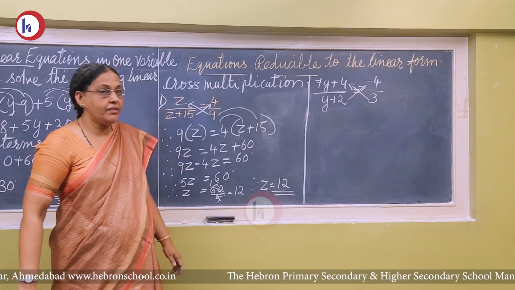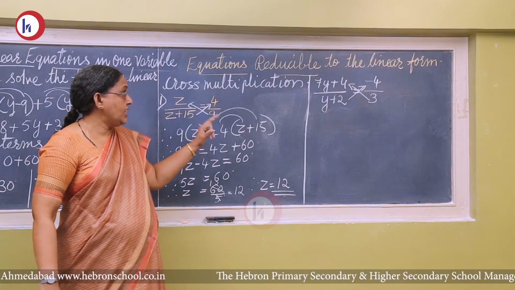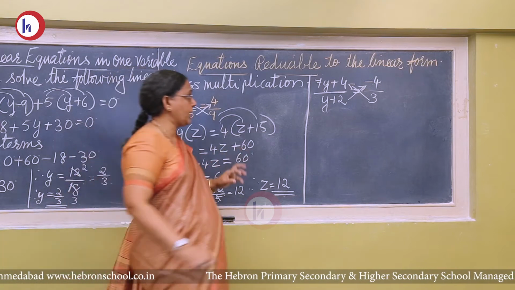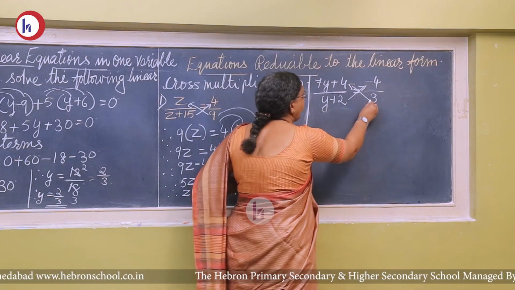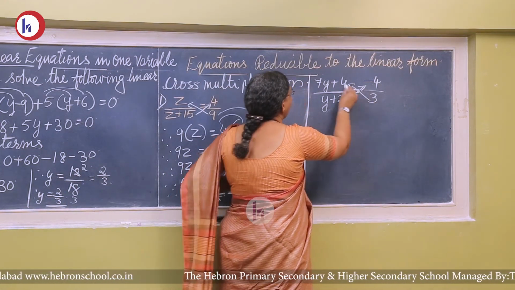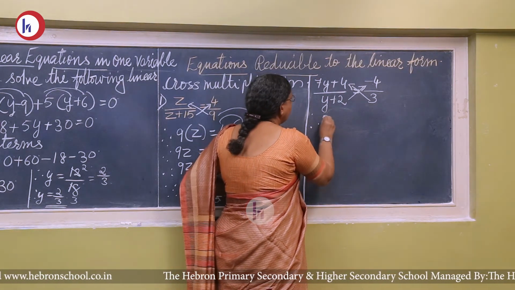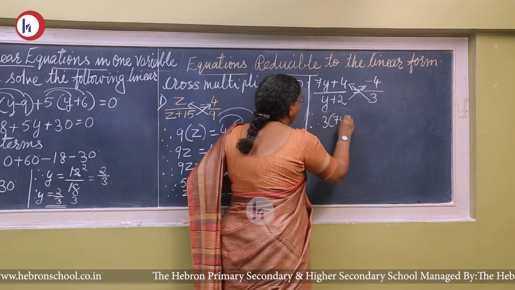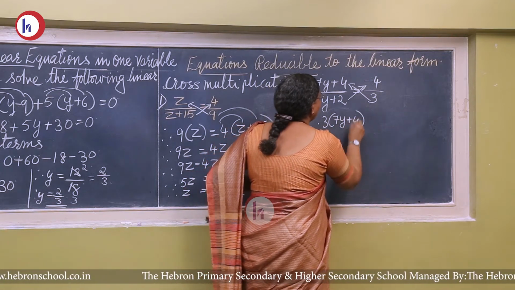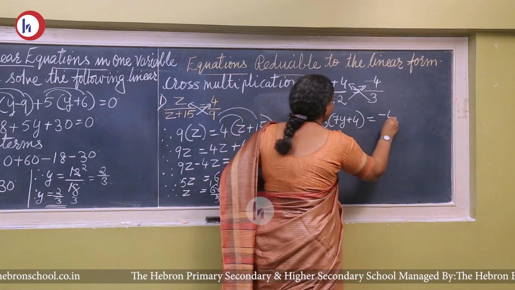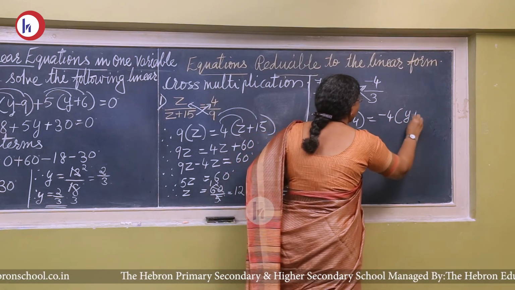This one also we can find out the linear form by cross multiplication. So, cross multiplication can be done in this way. 3 has to be multiplied with 7y plus 4. Therefore, 3 into 7y plus 4 is equal to minus 4 into y plus 2.